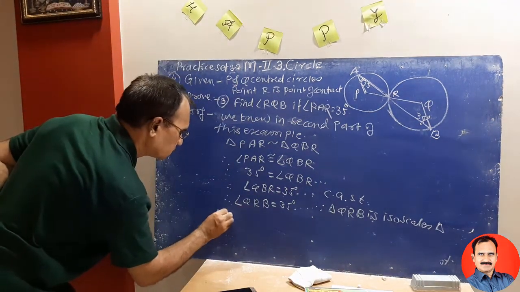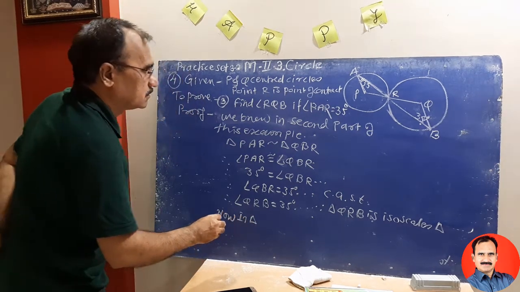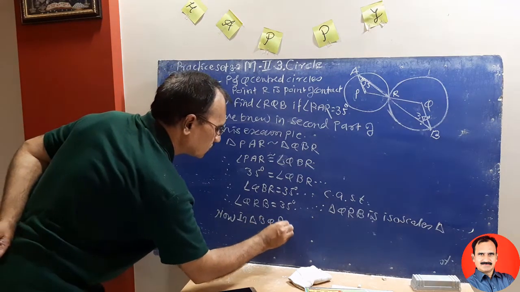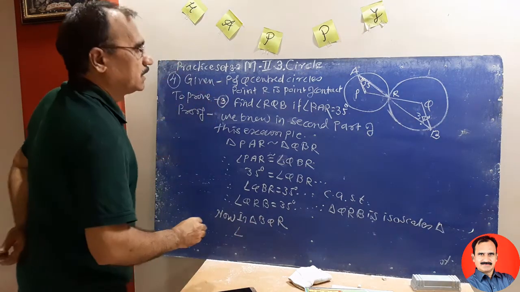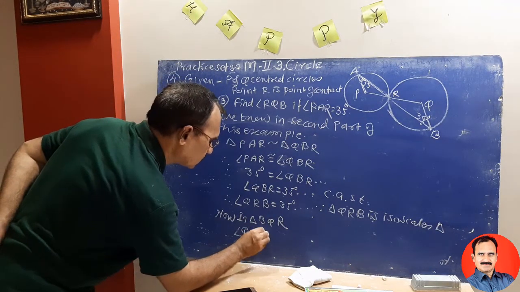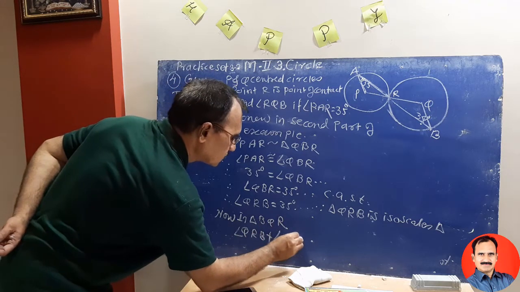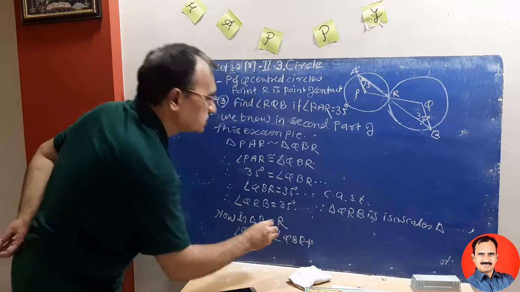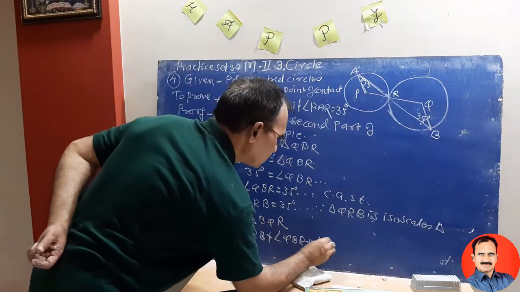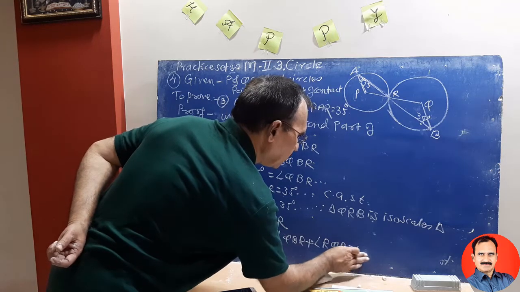Now in triangle BQR, angle QRB plus angle QBR plus angle RQB is 180.